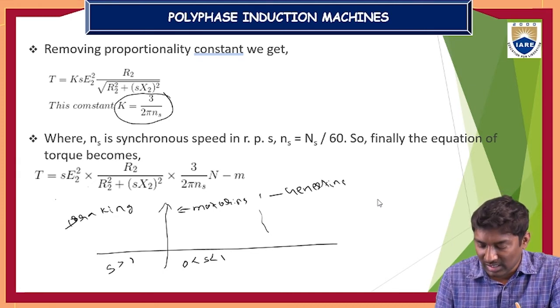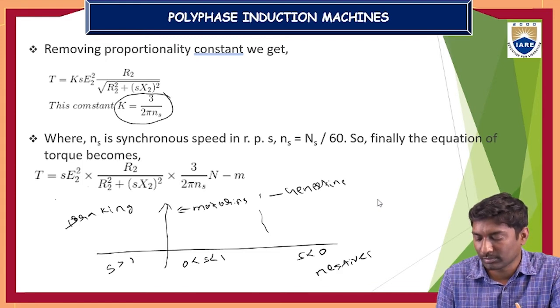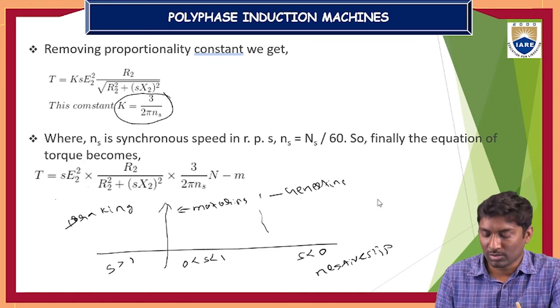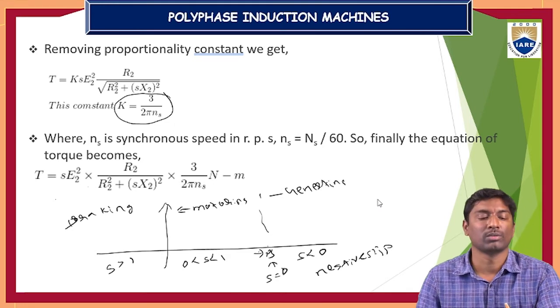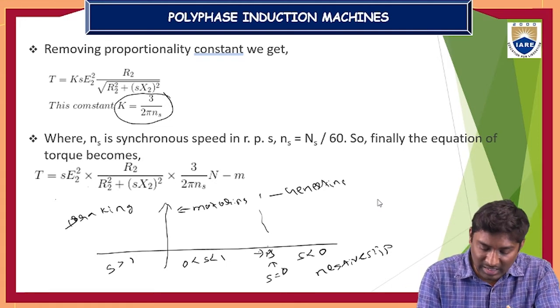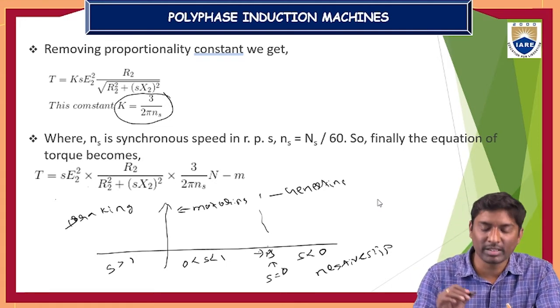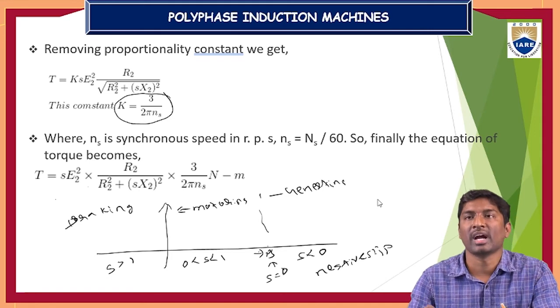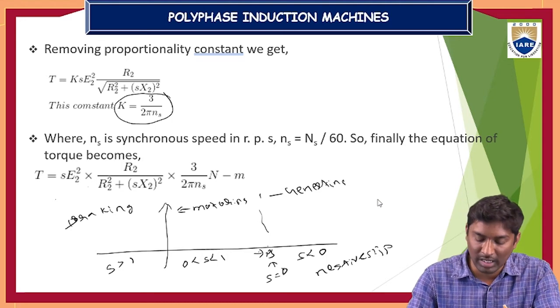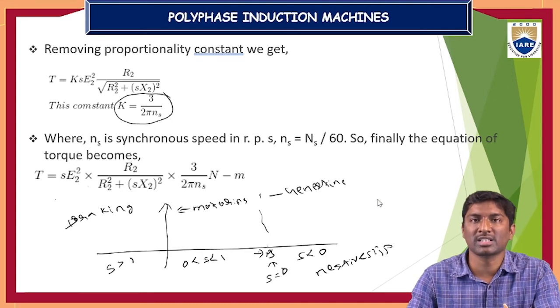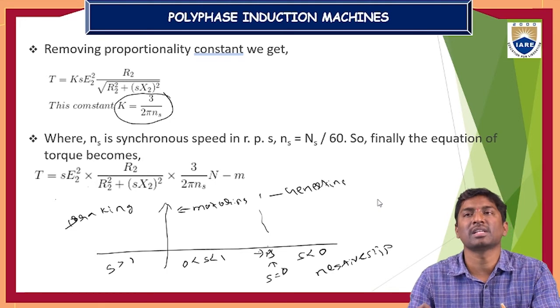At generating action, slip is less than 0, that is negative slip. Here is the synchronous speed ns, at which slip is equal to 0. Depending on these equations, we consider the braking, motoring and generating actions.